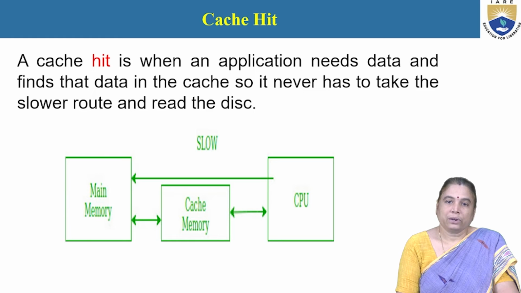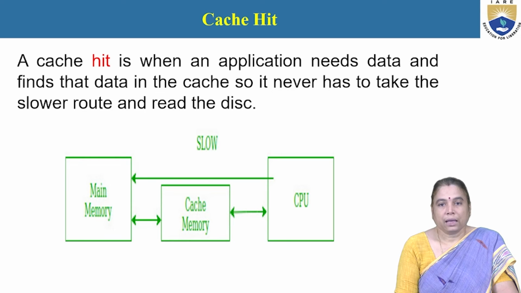Generally the data needed by the CPU is accessed from the primary memory. If it is available in the secondary memory, it is first transferred to the primary memory. From there it can be accessed by the CPU to start the execution.